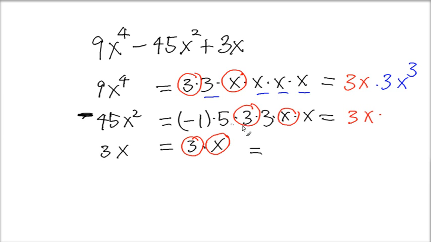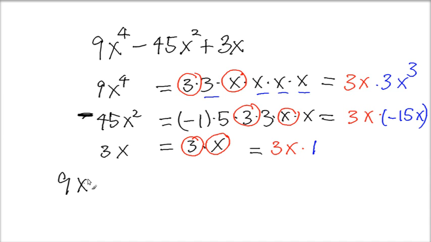So negative 15x. The third term is the greatest common factor 3x times 1. Okay?